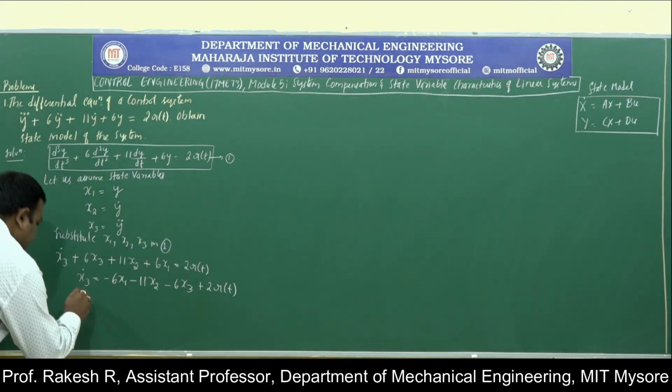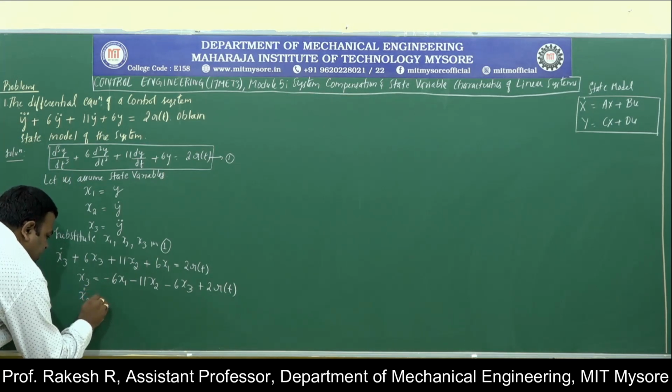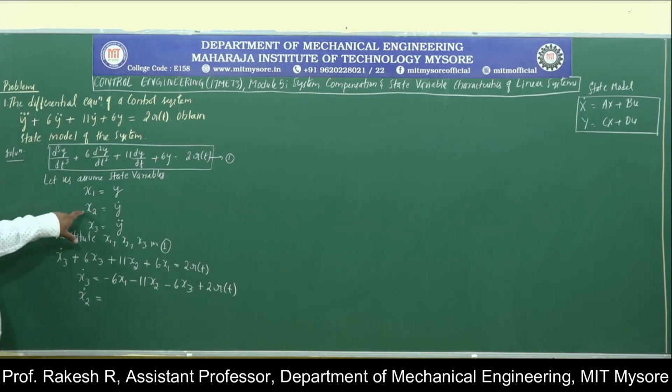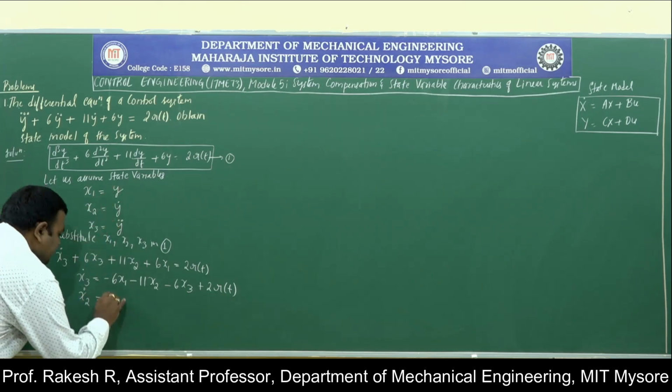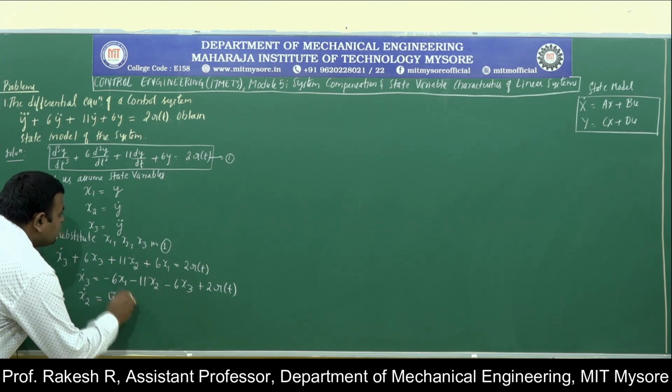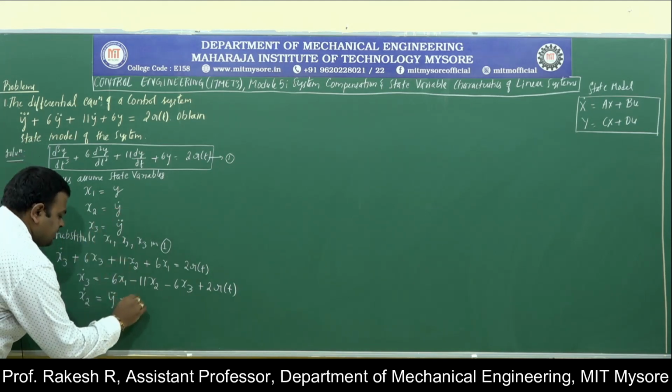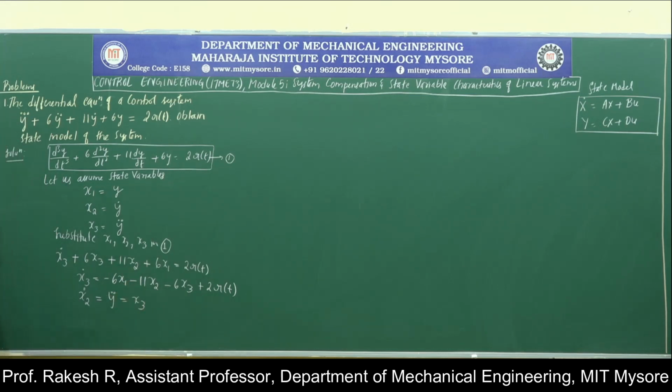Then I will write x2 dot. What is x2 dot? x2 dot is the differentiation of this. x2 dot will be equal to y double dot, and y double dot is nothing but x3. So x2 dot is nothing but y double dot, that will be equal to x3.